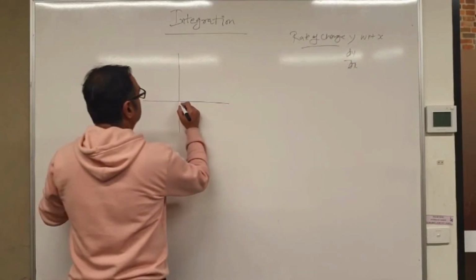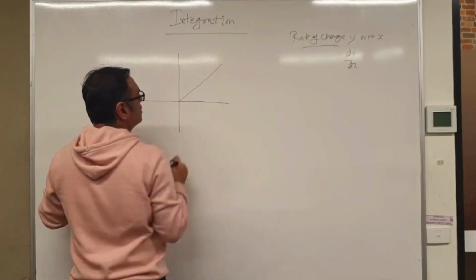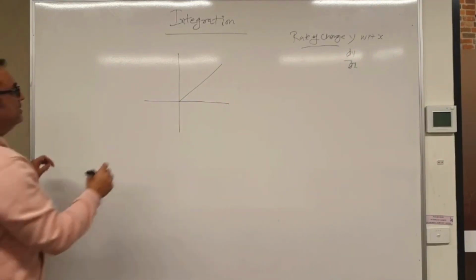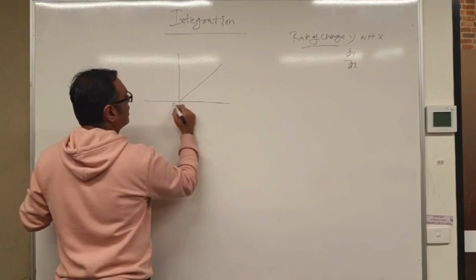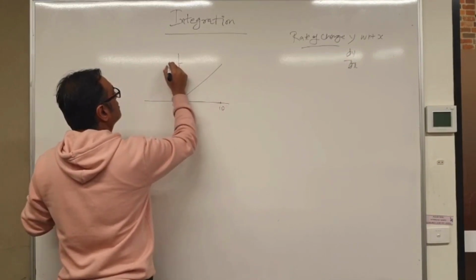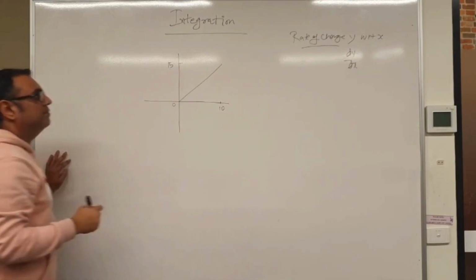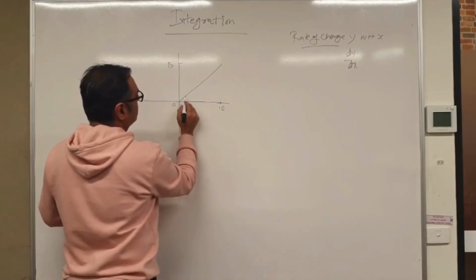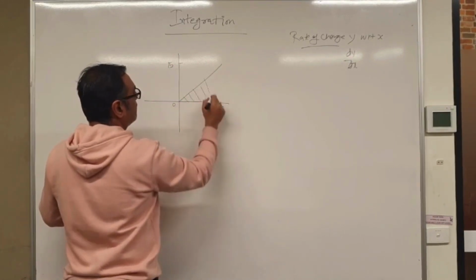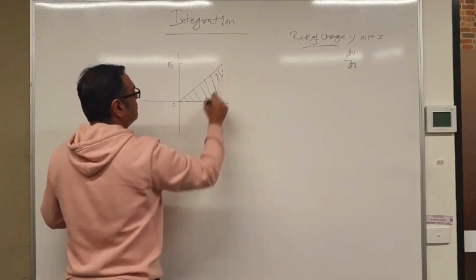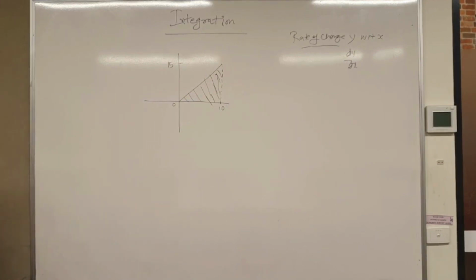So, for example, if I've got this kind of straight line, and let's say this is 0, and this is 10, and this is, let's say, 15. If I tell you, okay, find me the area under the curve here until 10, it's easy, right?